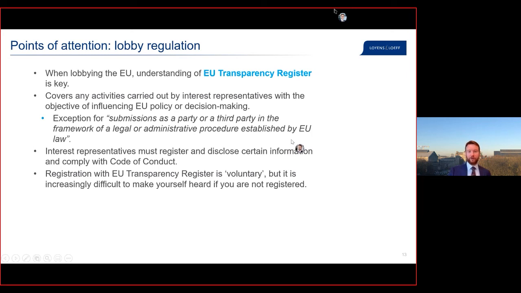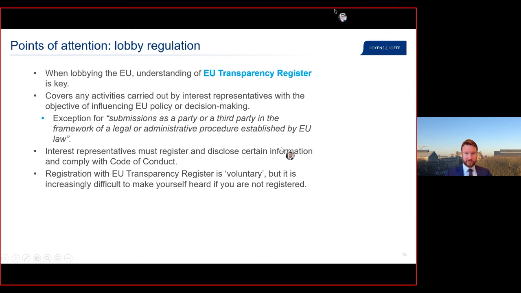Even if a person at a lower level in the Commission is not a top official who must only meet with registered lobbyists, the staff rules recommend that the person checks whether somebody they are meeting is registered, and then decides for themselves whether it's appropriate to continue the conversation.